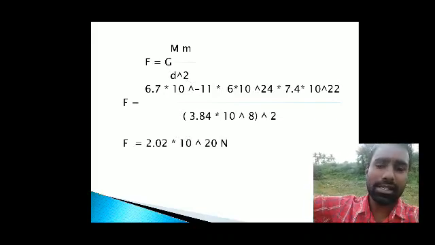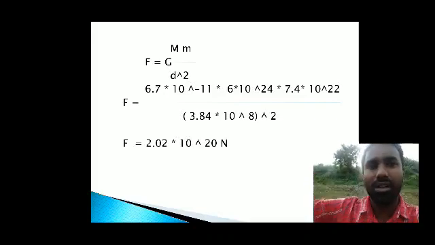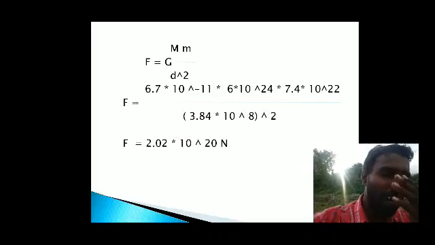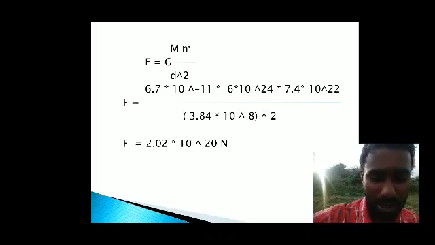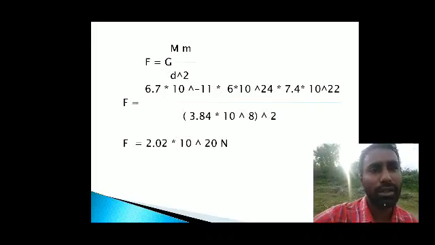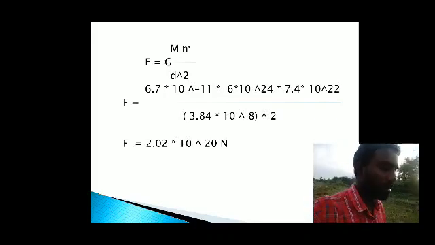So 10 power minus 11, first in the numerator you have to add that power. 10 power minus 11, 10 to the power 24, 10 to the power 22. And 10 to the power 8 whole square: a power m bracket n means a power m into n. So for example 10 power 8 whole square means 8 into 2, 16. So 10 power 16 it will come.